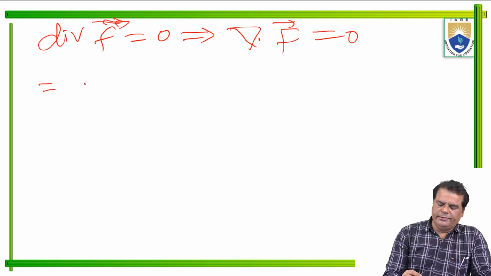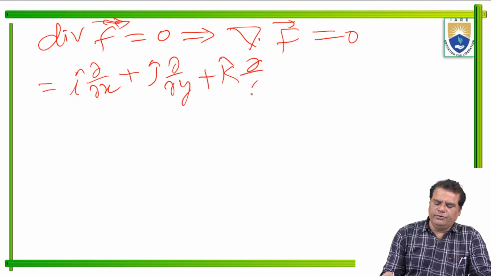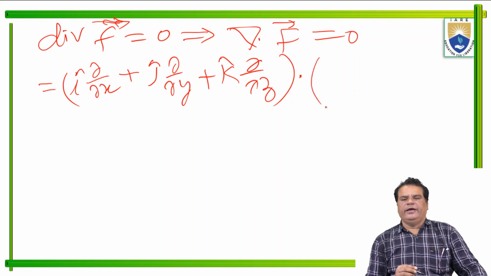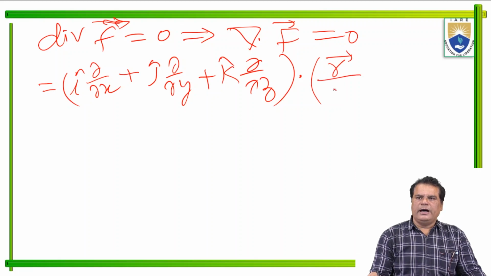So now here, del is i ∂/∂x plus j ∂/∂y plus k ∂/∂z, dot here F. F is vector r upon r cube.